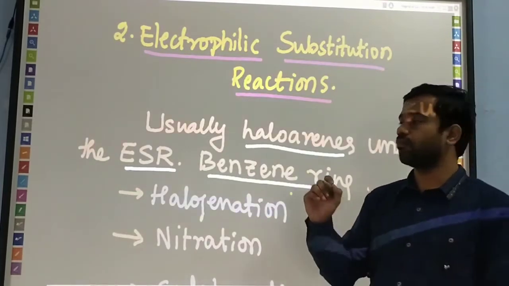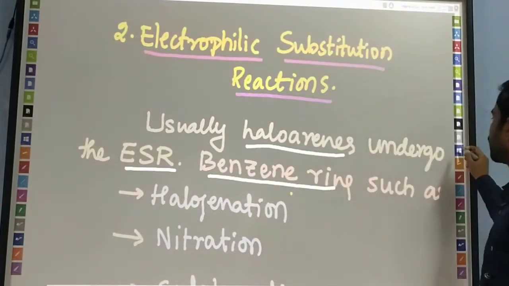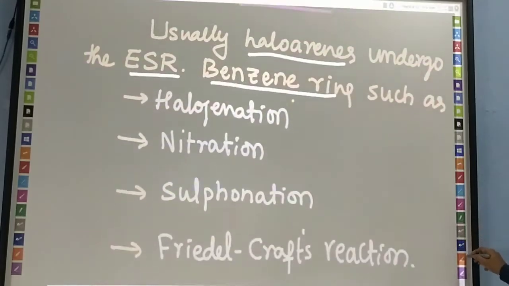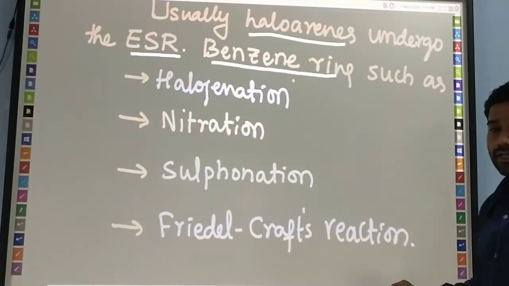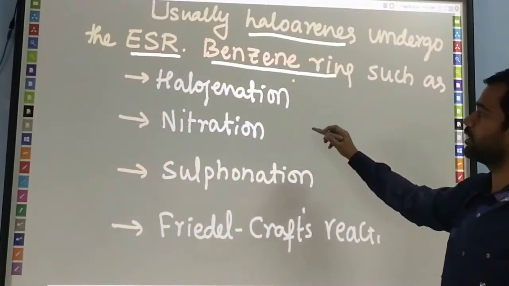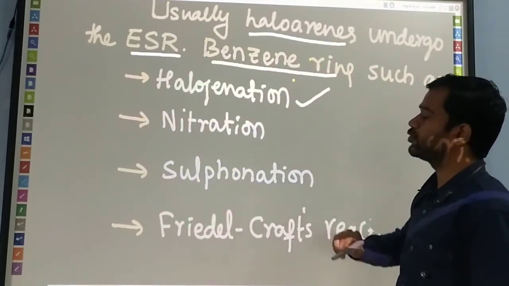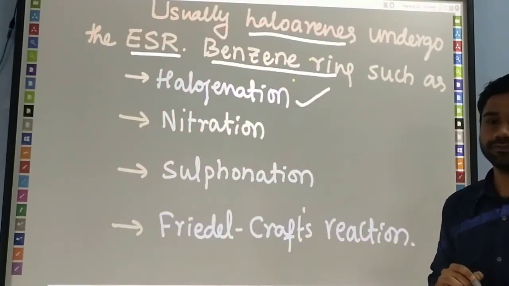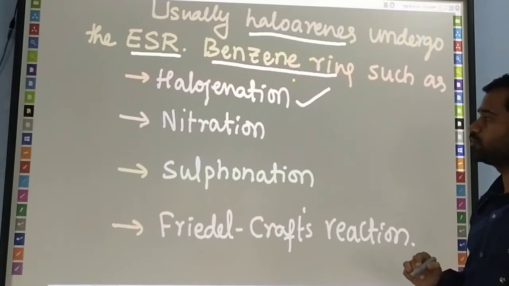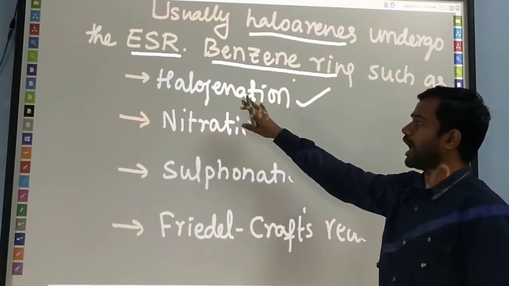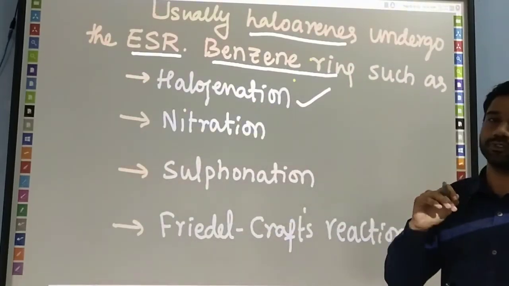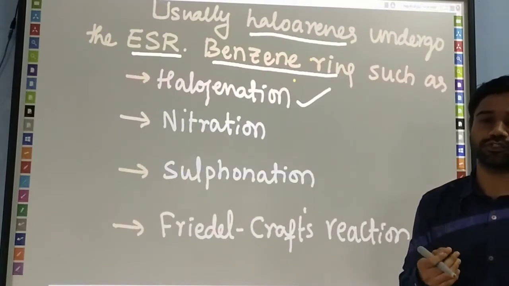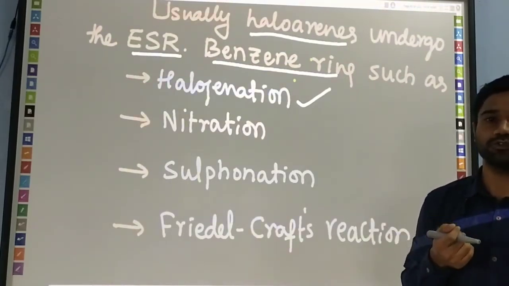Let's see what the types of electrophilic substitution reaction for haloarenes are. The first one is known as halogenation, where the halogen is substituted either at the ortho position or at the para position.